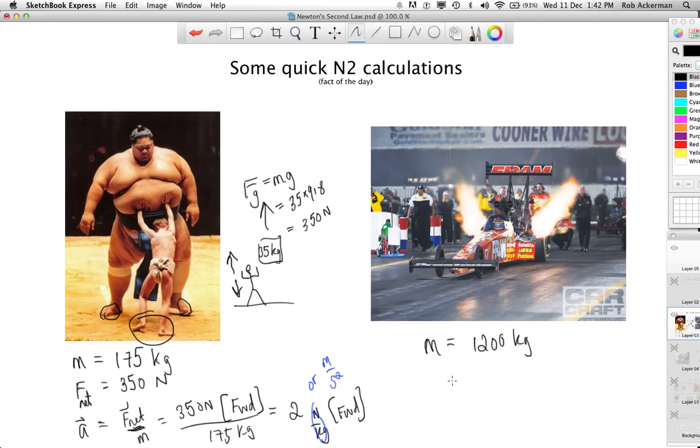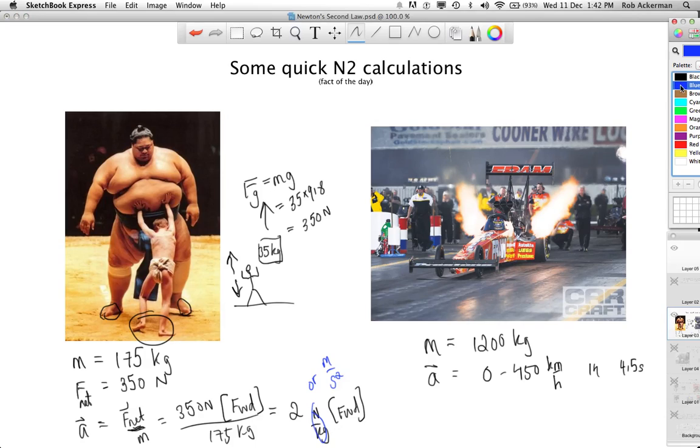I wondered, what is the acceleration of these kinds of cars? Well, to find the acceleration, I had to dig a little bit. I found that they can go from 0 to 450 kilometers per hour in about 4.5 seconds.